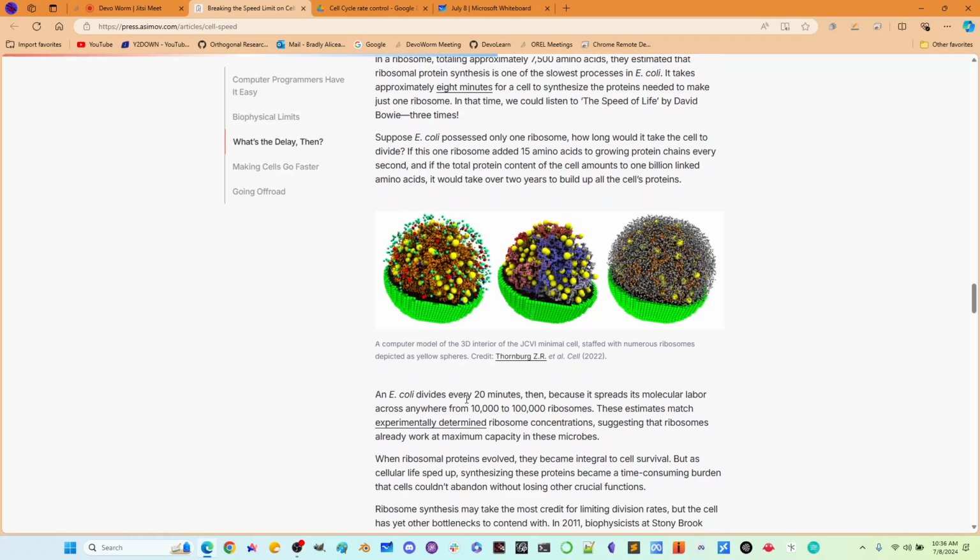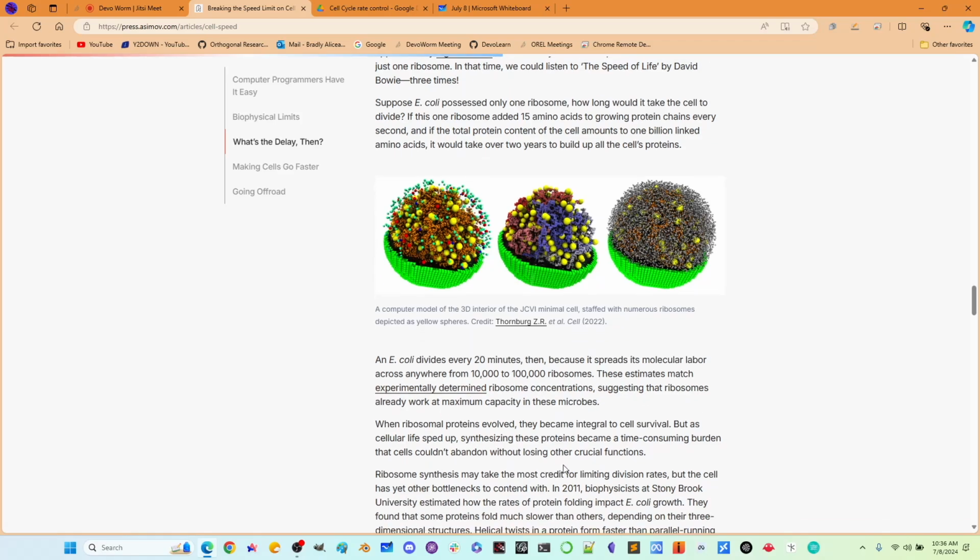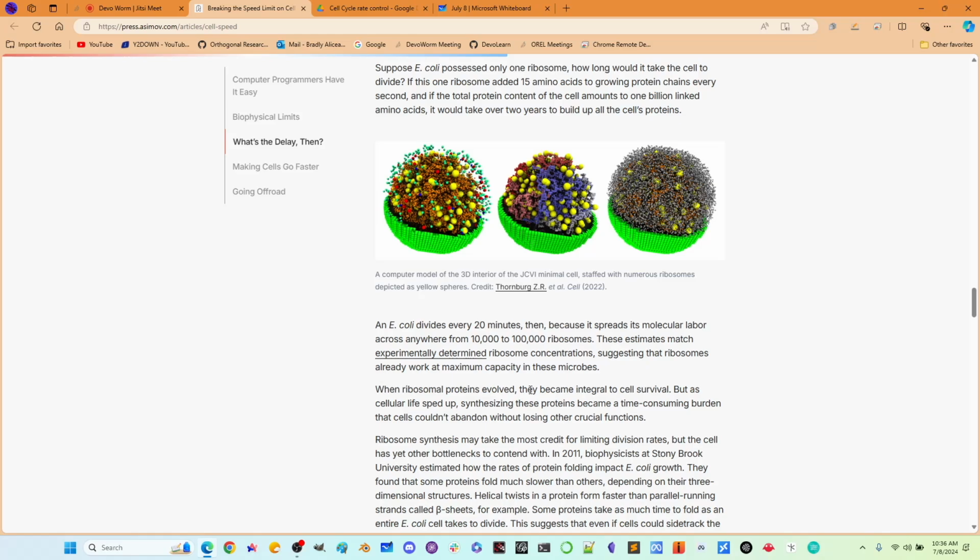So when E. coli divides every 20 minutes, it spreads its molecular labor across anywhere from 10,000 to 100,000 ribosomes. These estimates match experimentally determined ribosome concentrations, suggesting that ribosomes already work at maximum capacity in these microbes. When ribosomal proteins evolved, they became integral to cell survival.